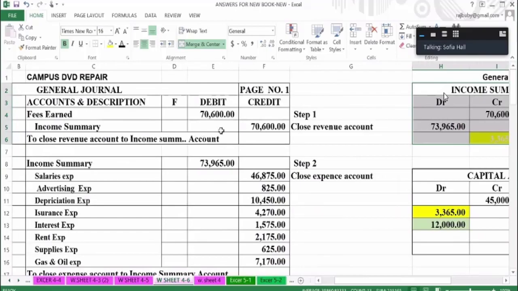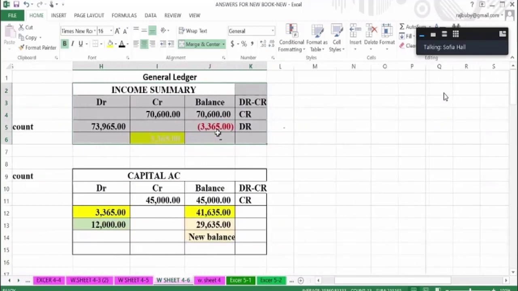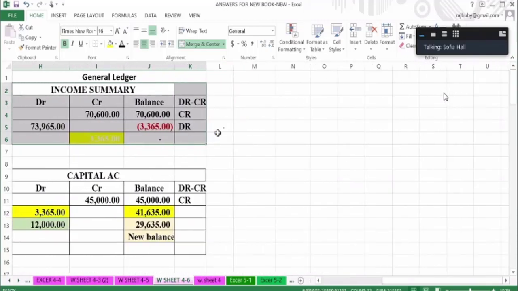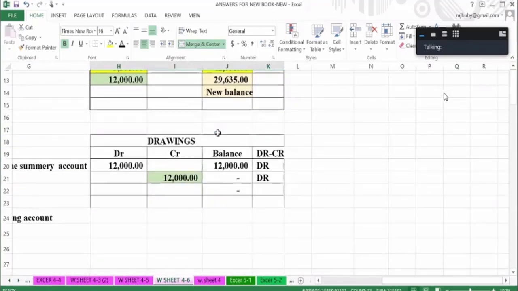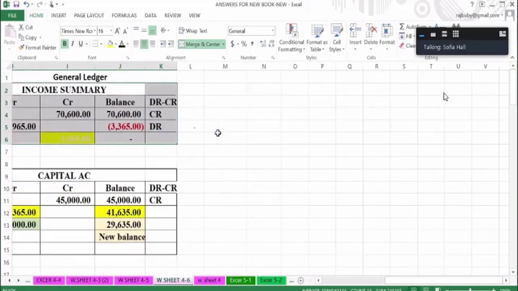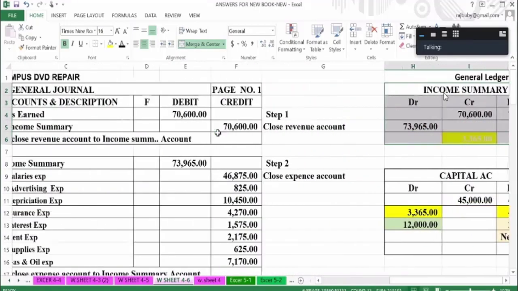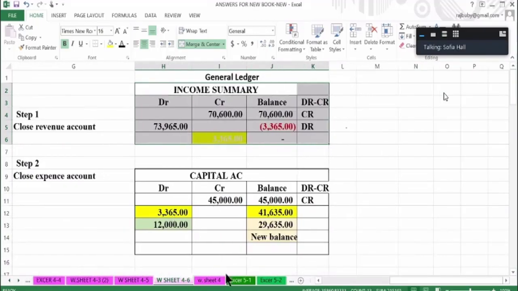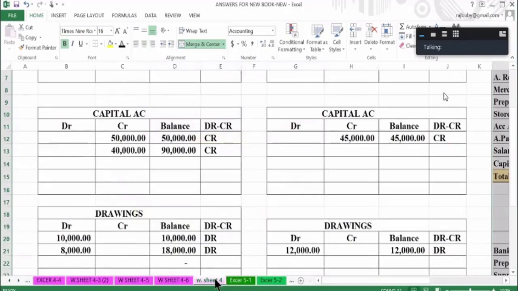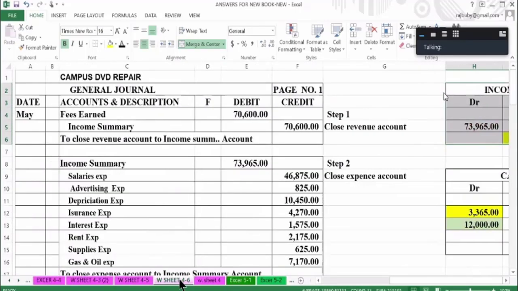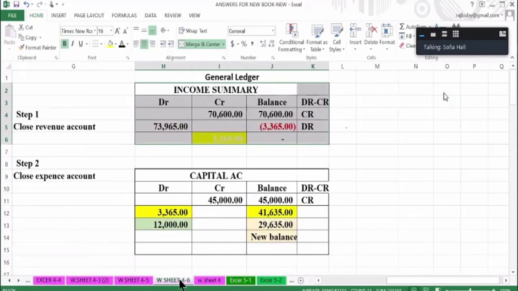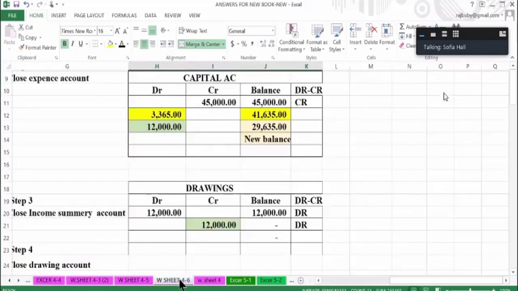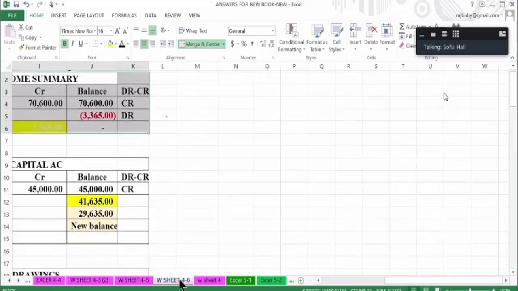We are transferring to the debit side, and the credit side is the income summary account. Let me see, drawings. No, I don't have that. Sorry, I think I deleted the example. I'm sorry, I deleted that one.